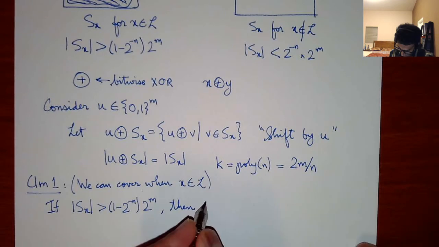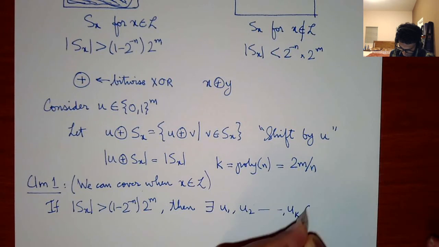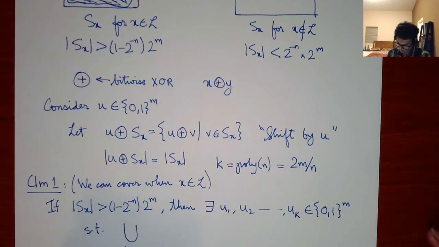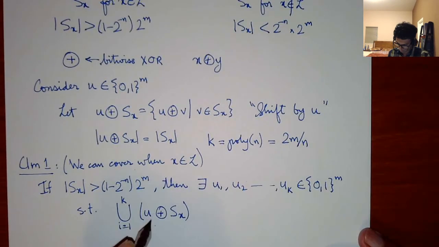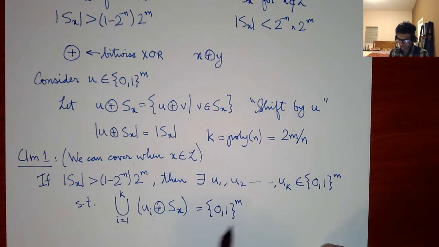All right. Then there exist u1, u2 up to uk, which are all elements in 0, 1 to the m, such that the union of all the shifts, so if I shift S of x by all the ui's, then I'm going to get all possible strings. So there exists a polynomial number of ui's such that if I shift S of x by all these ui's, I will eventually get every string.